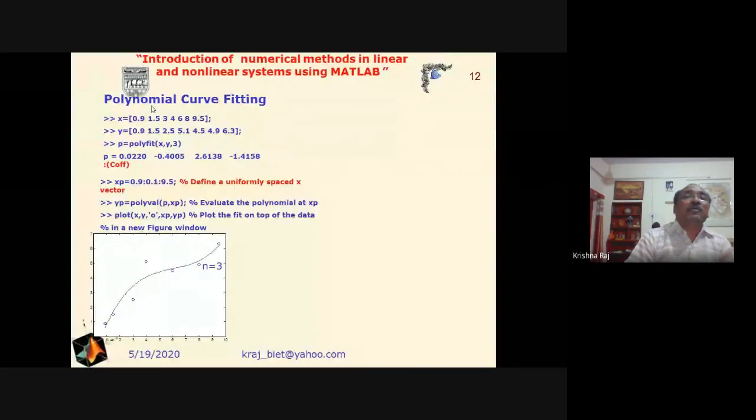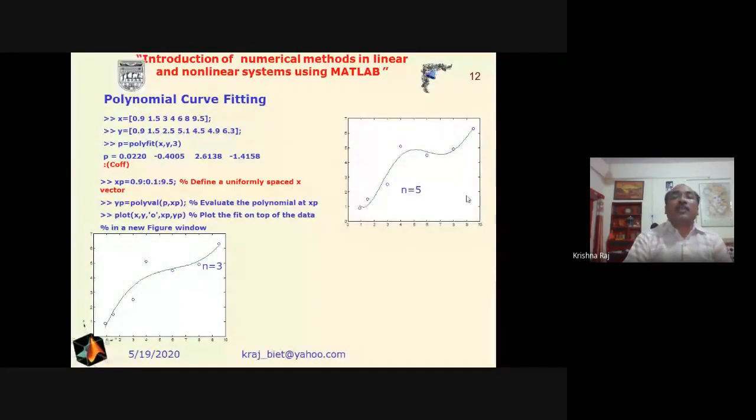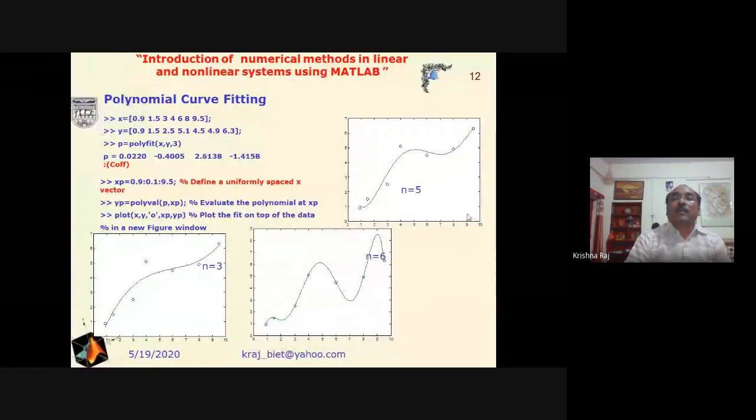And we have used here n equal to 3. In order to get these values here, we have to increase the order of n here. Now see here, for n5, we are just approaching towards these points here. And for n6, we have approached these points here.